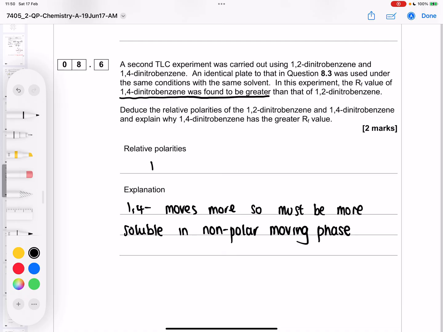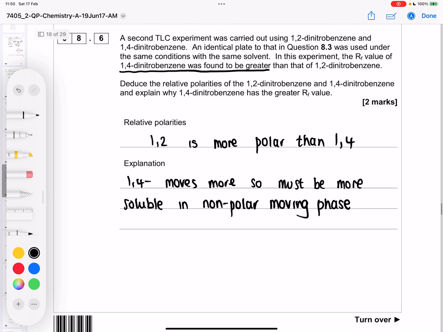So 1,2 is more polar than 1,4. 1,4 was more soluble, so must be more non-polar.